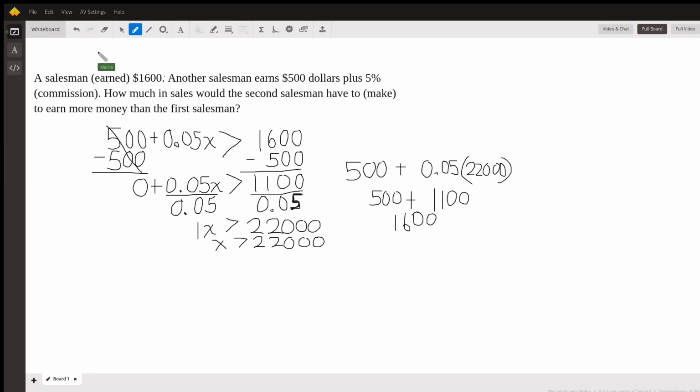So if I have a word problem, I like to finish my problem with words in a word sentence and get a second text box going. I'll use a different color for my answer.